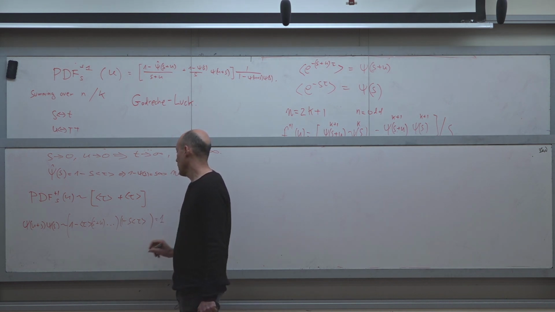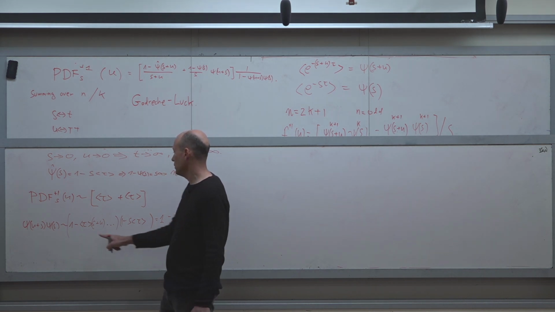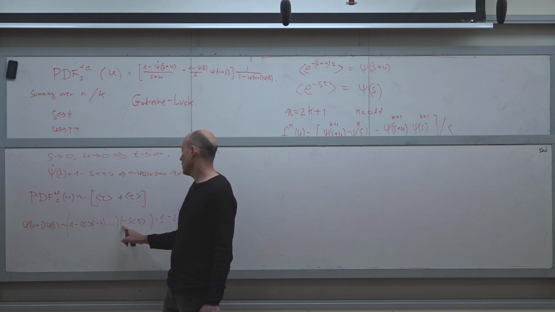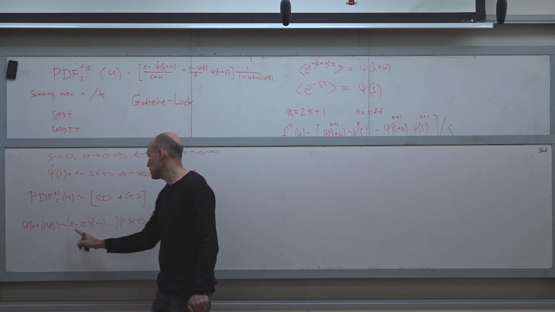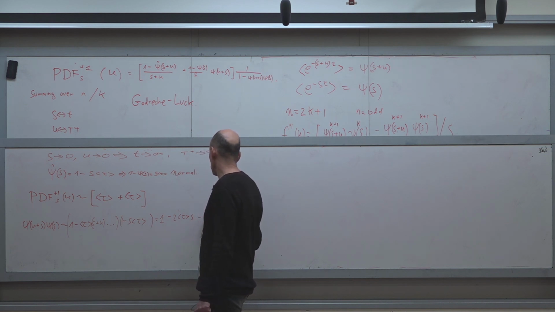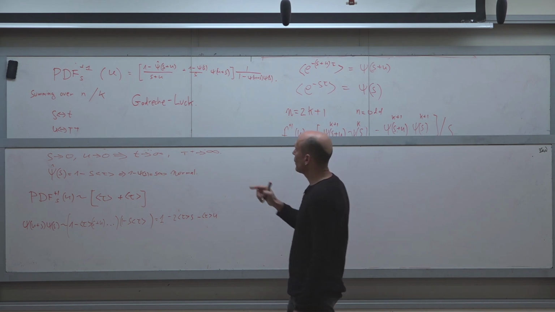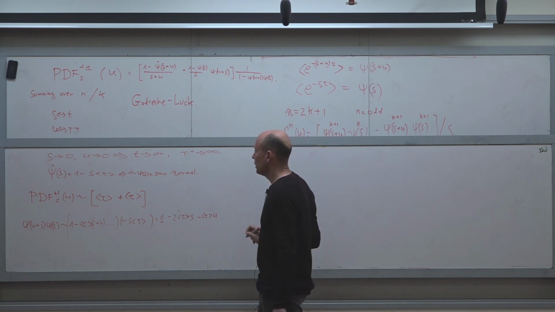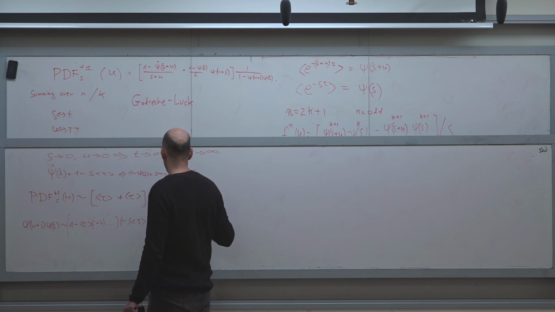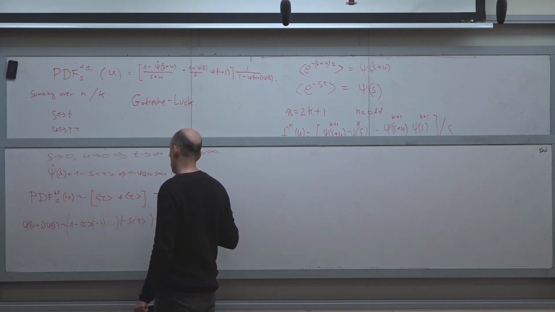Here I have minus 2 times s tau, and here I have another one from this times this, minus tau times u. Now I need to take 1 minus this. So all this is multiplied by 2 tau s plus tau u.